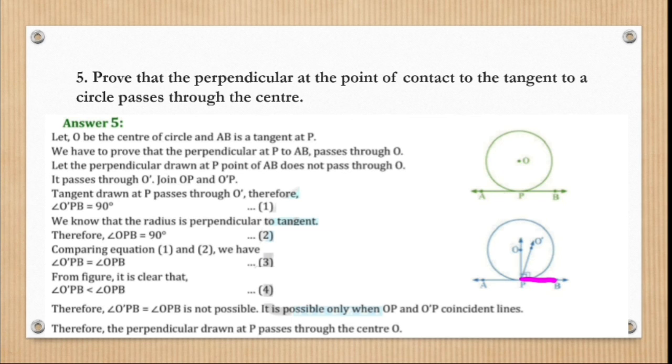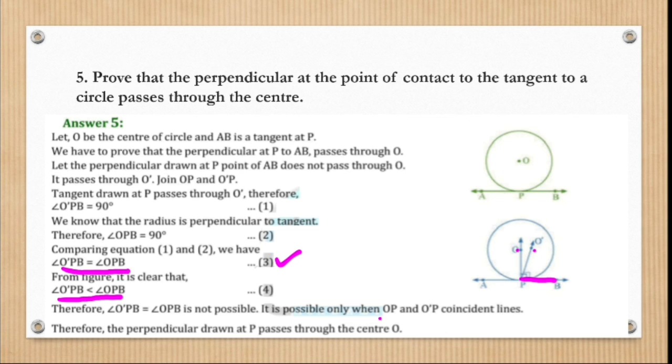When is it possible? If O and O dash are the same point, if they coincide with each other. If you look at the figure, this figure concludes that O dash PB is less than OPB. But from question number 3 you can say that these two are equal. So when is it possible?